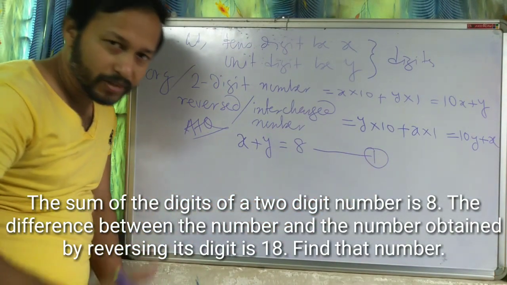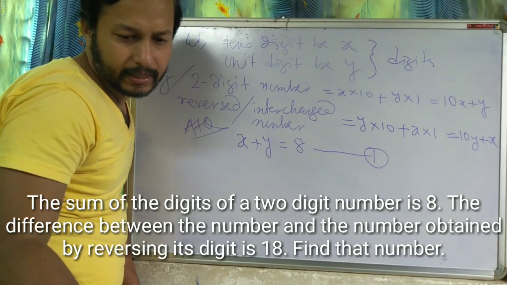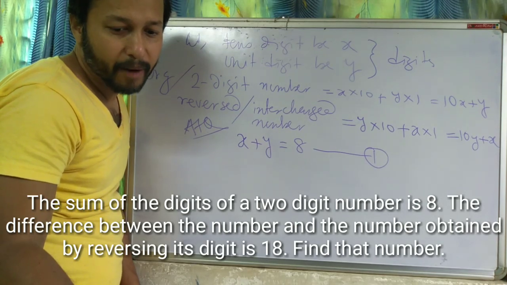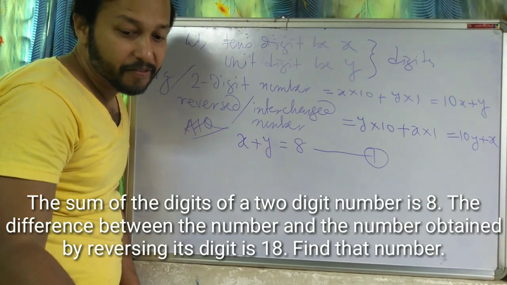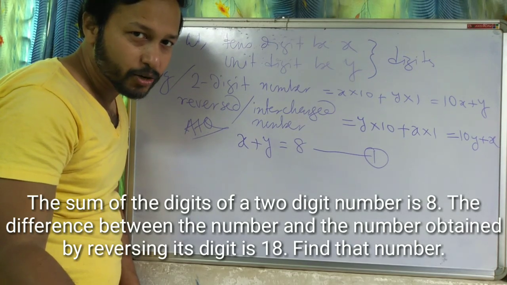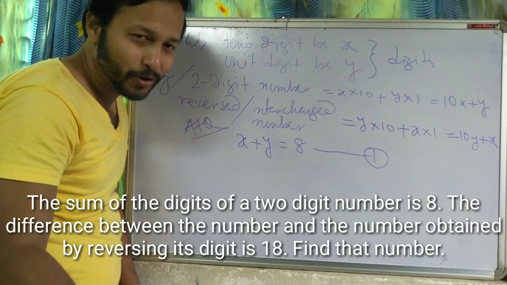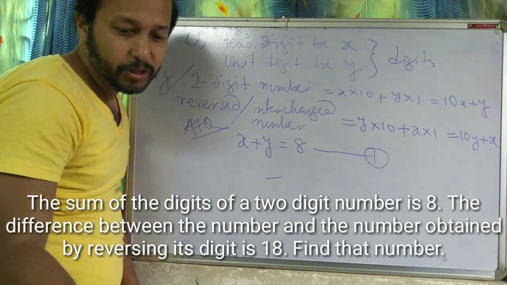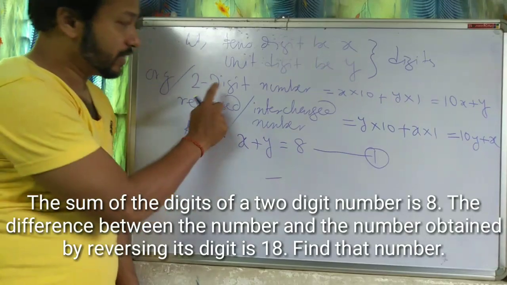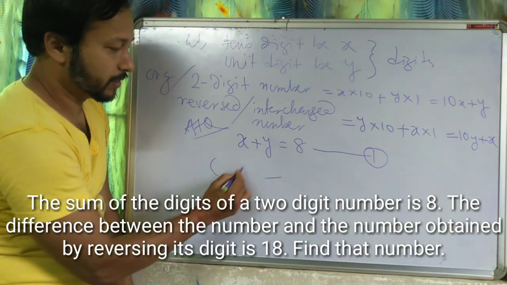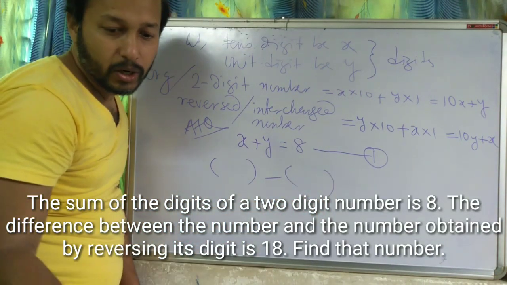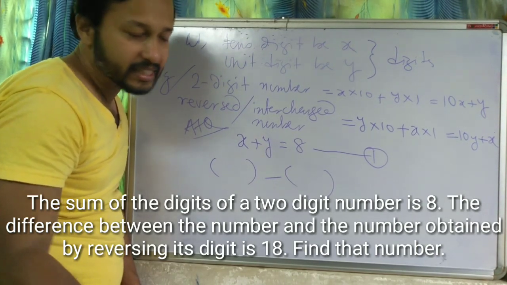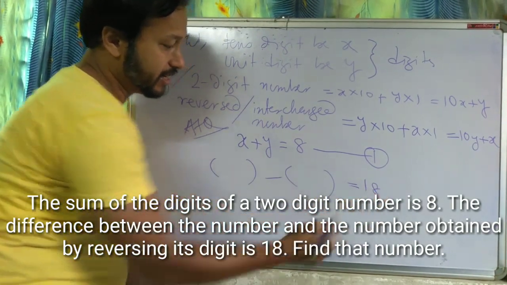Now next part of the question. And the difference between the number and that formed by reversing the number. The difference means multiply? No. Divide? No. Minus? Yes. Minus. The difference between the original number and the number after reversing is 18.